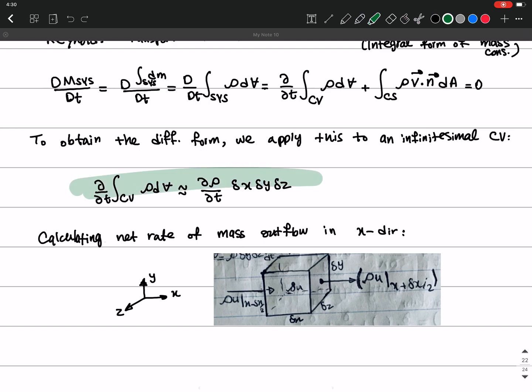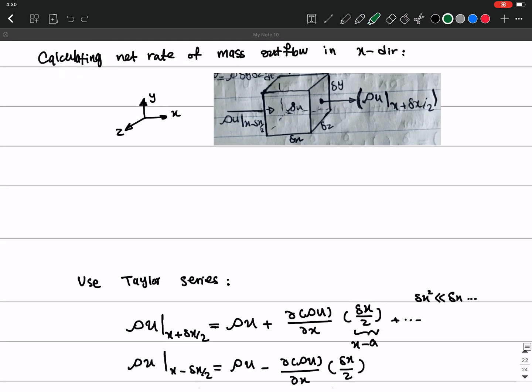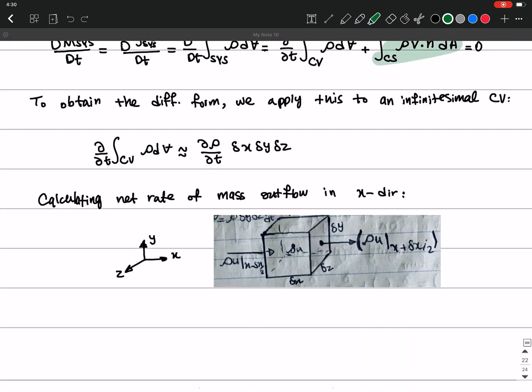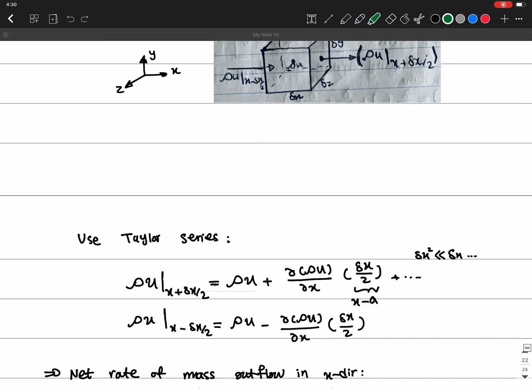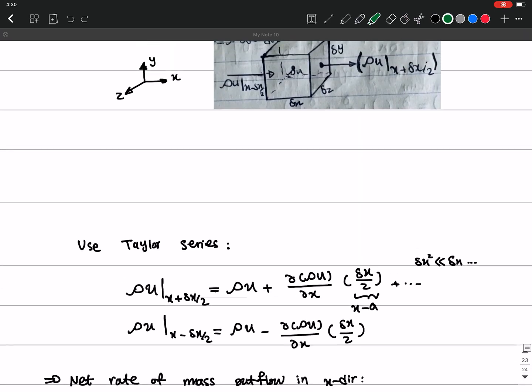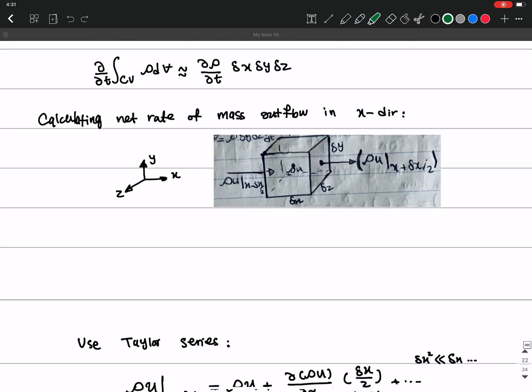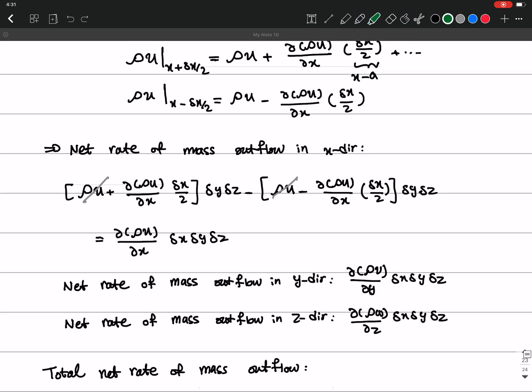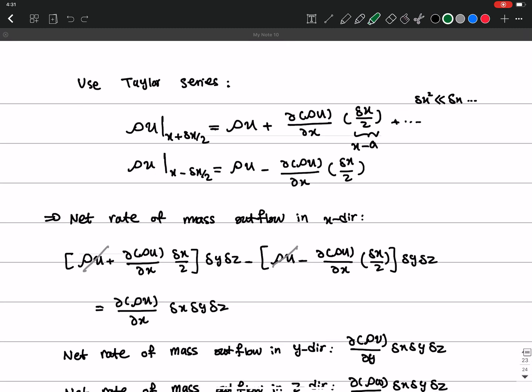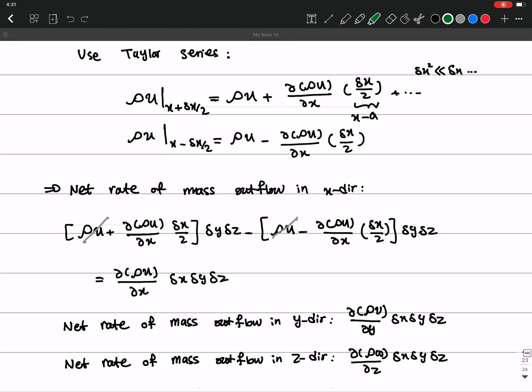This is the first term, and the second term would be these flux terms over the control surface, which we wrote using the Taylor series. We were able to calculate it based on the value at the center of the control volume. Because this is an infinitesimal element, we can use the Taylor series, and because delta x is small, we can neglect higher order terms.